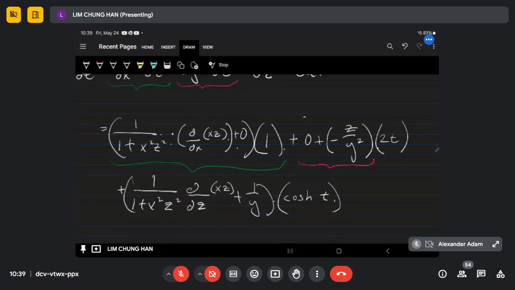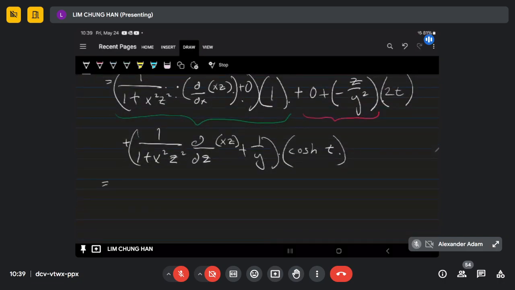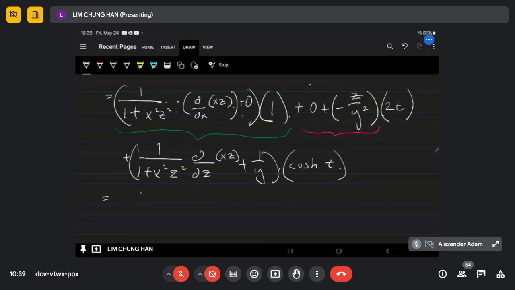Okay. So therefore, let's solve this. 1 over 1 plus x squared z squared times this. Differentiate against x. That means if we differentiate against x, x becomes 1.